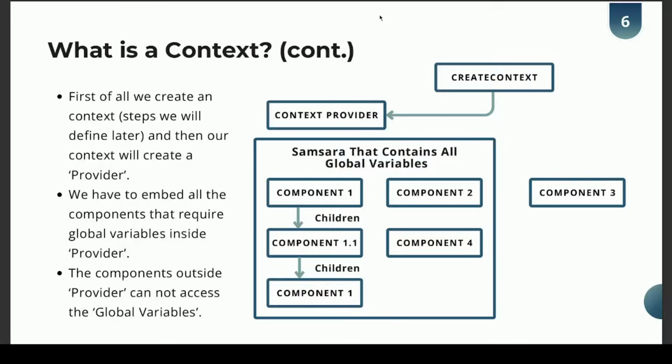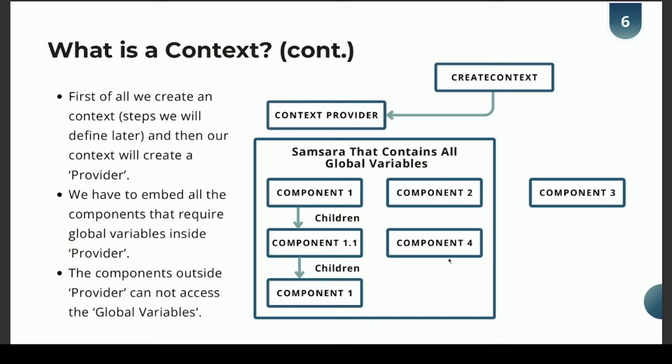First of all, we will create a context, which we will define later. After the context, we will create a provider. We have to embed all the components that require global variables inside the provider. And the components outside the provider cannot access the global variables. So we have created a context, and after that context, we have defined a provider.